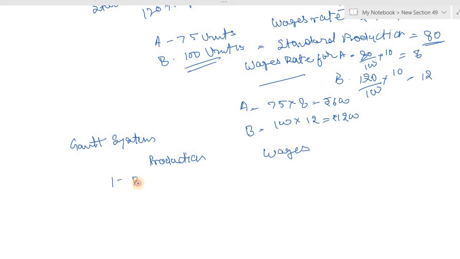if the production is below standard, then wages will be at time rate, guaranteed.